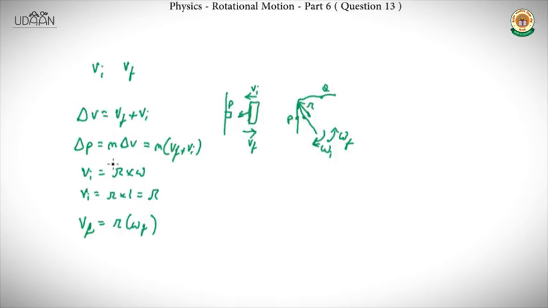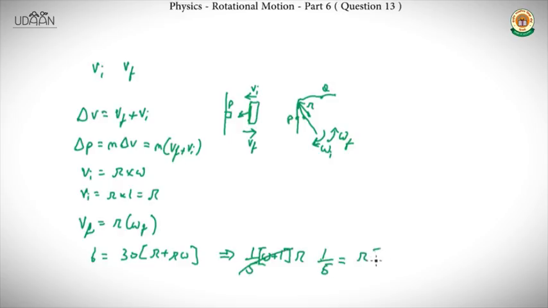So we get 6 equal to 30 into (R plus R omega f), from which we get that 1 by 5 is equal to R into (1 plus omega f), after we solve this.